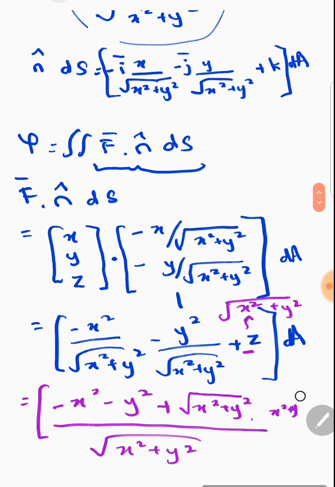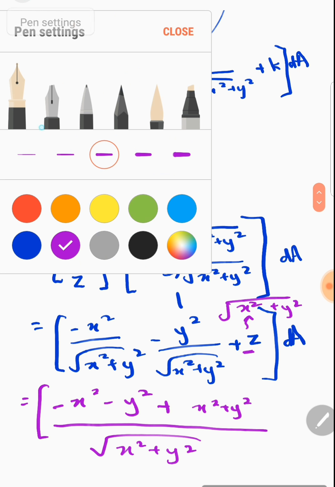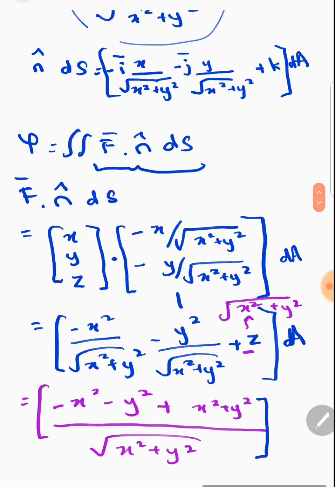If I just rewrite this again, it gets rid of my square root, right? So when you see this, basically what do you get? You basically get 0, right? So 0 is the answer, all right?